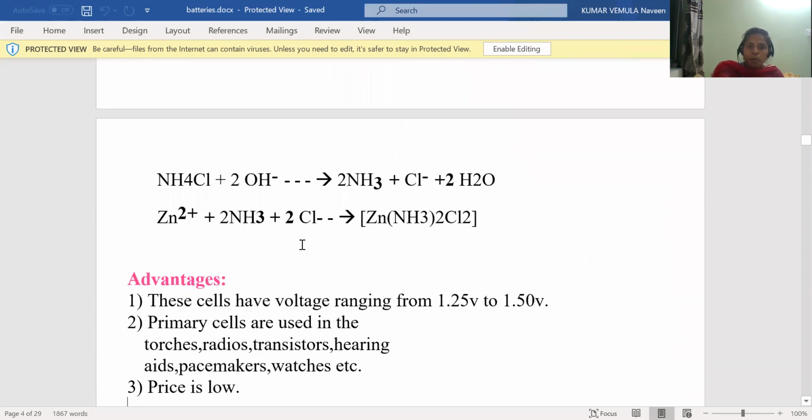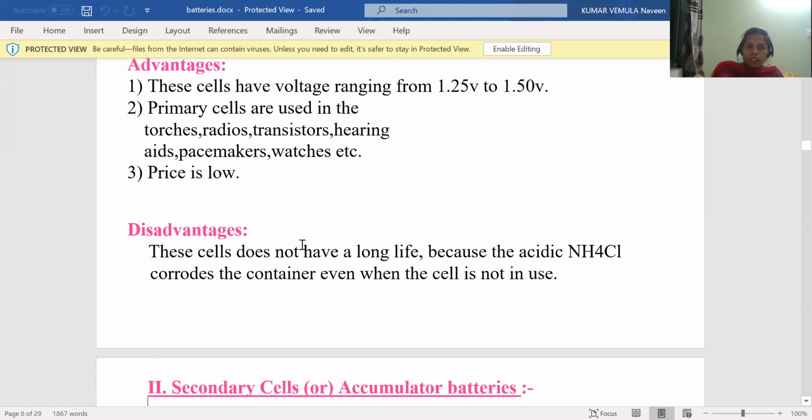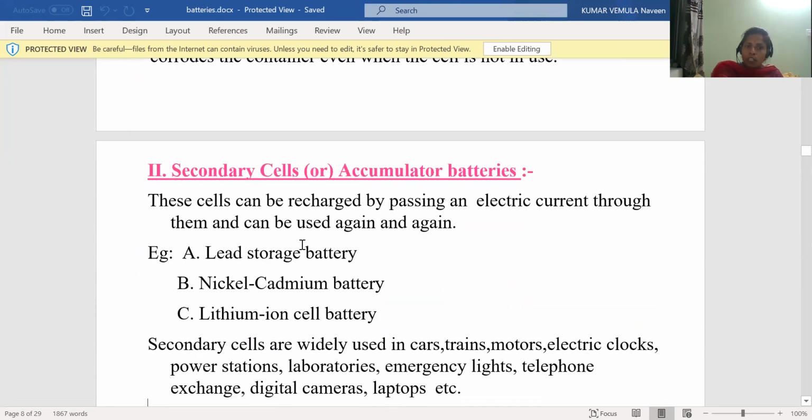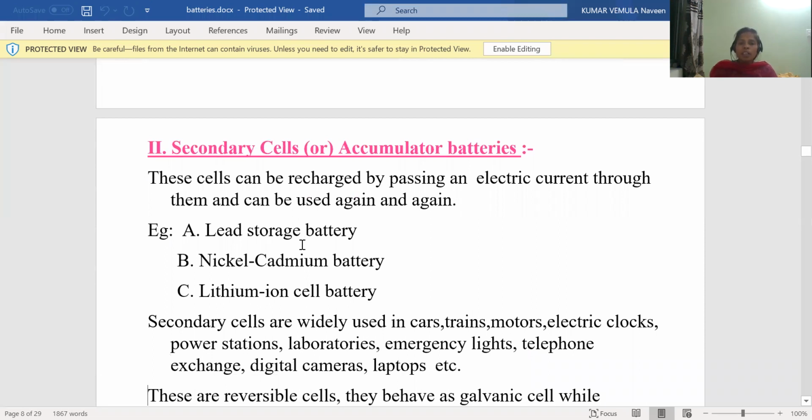I will explain the dry cell later, and I will explain what is meant by the secondary battery also. Secondary batteries are batteries in which the cell reaction is two-directional. That means the stored chemical energy is converted to electrical energy, and again electrical energy is converted to chemical energy. How is electrical energy converted to chemical energy? By applying direct current in the opposite direction.